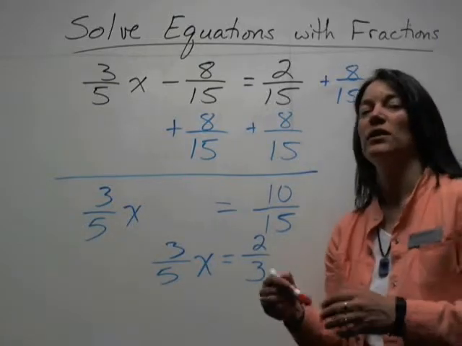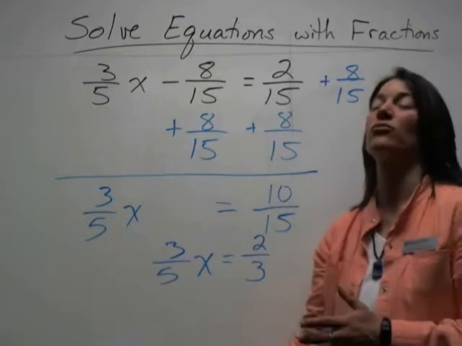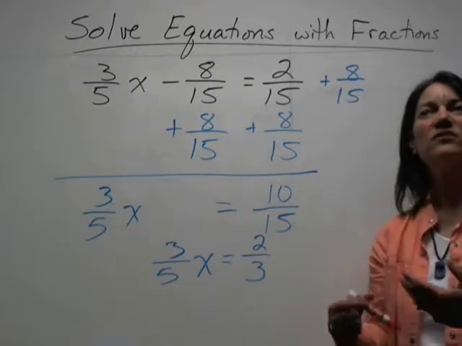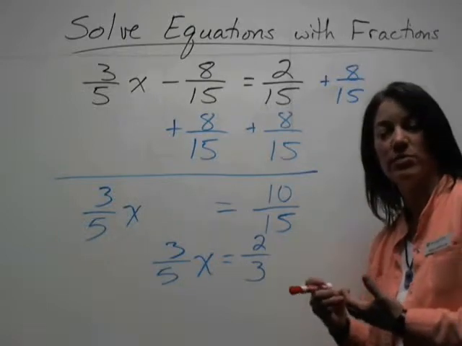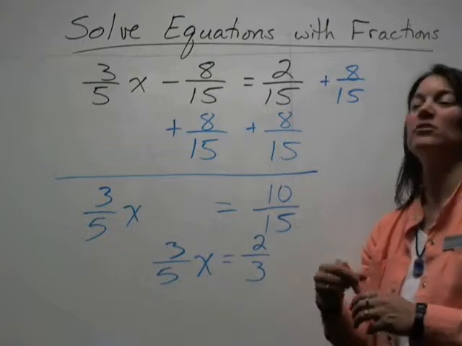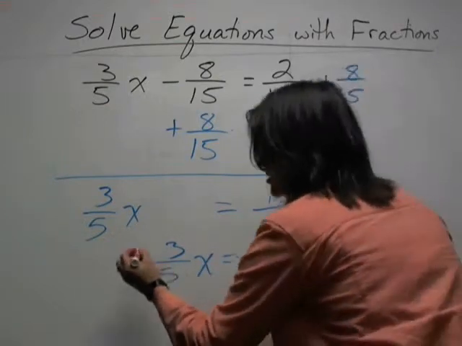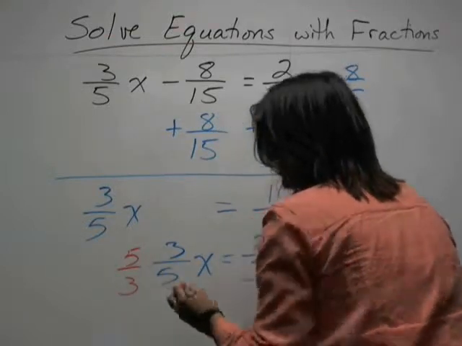Now last week we talked about how to get rid of that, and we would say, oh, we're going to divide by 3/5. But we know that dividing in fractions is the same thing as multiplying by the reciprocal. So I'm going to flip that and multiply, which means I'm going to multiply by 5/3. That's what the reciprocal is.